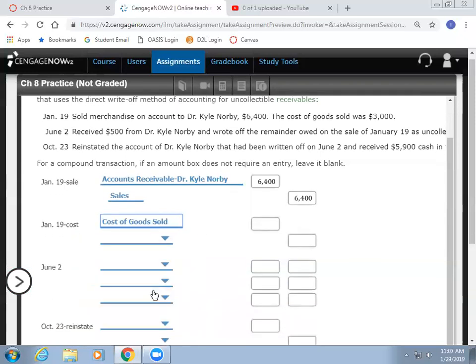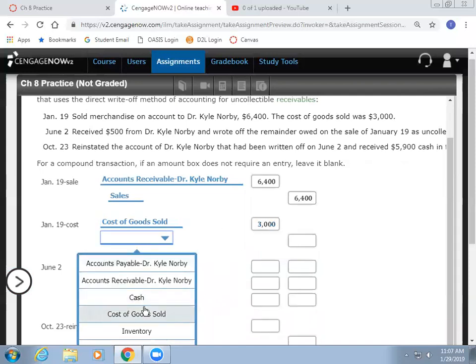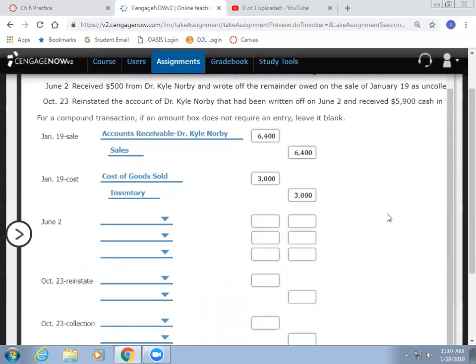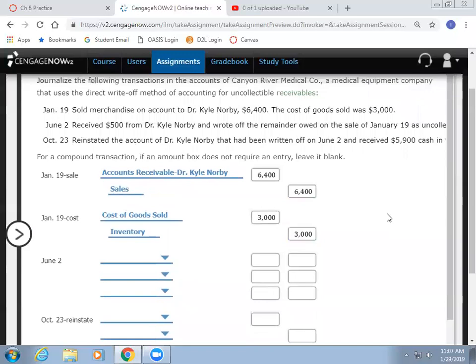So we debit cost of goods sold and credit inventory. Remember, the $3,000 is what we paid for the merchandise, so we're showing it leaving inventory and being debited to cost of goods sold, which is just an expense. Okay, so that's a review.